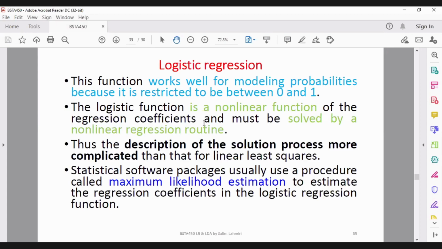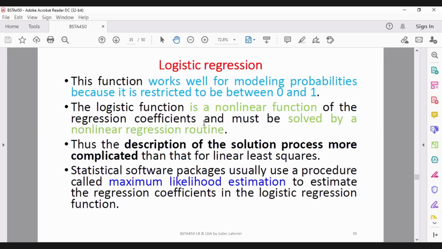Another advantage is that it is nonlinear, and can approximate the nonlinear relationship between y and x's. So whenever the relationship between y and x's is discontinuous and nonlinear, logistic regression is a very appropriate tool to approximate such a relationship.